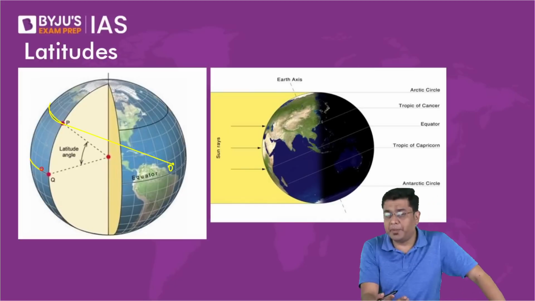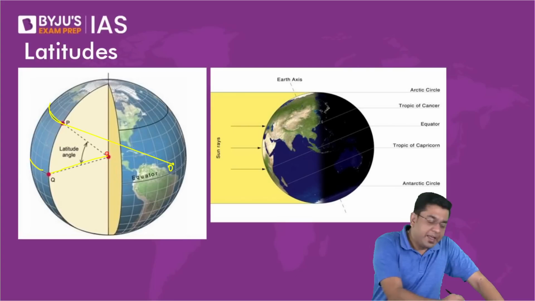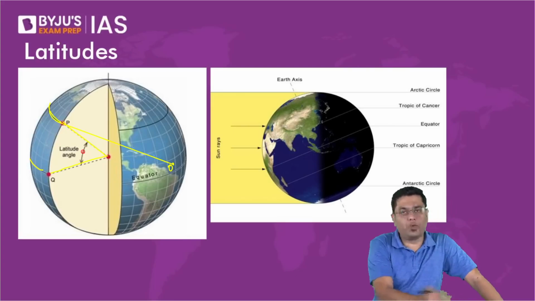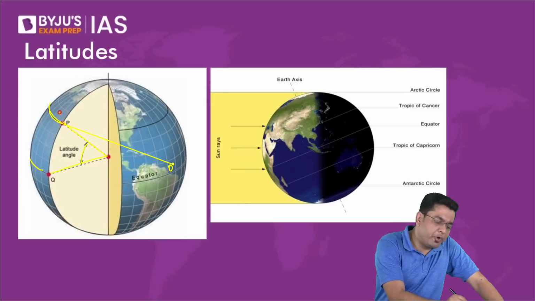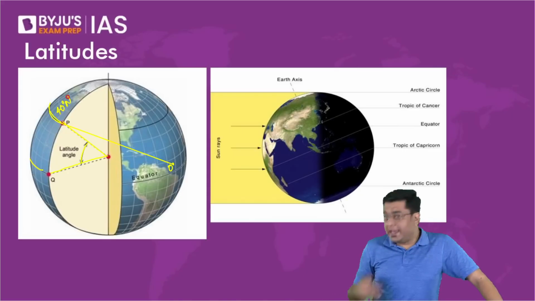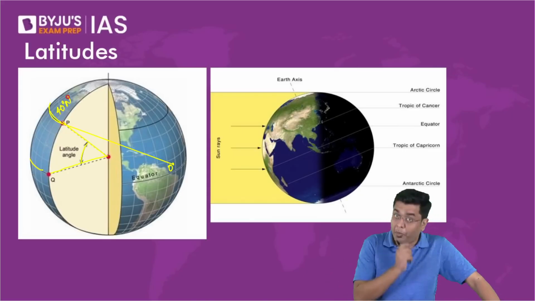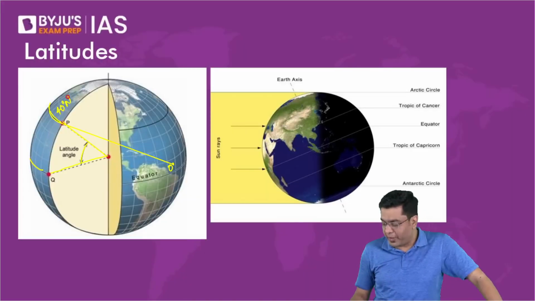It is not possible. So that is why you draw an imaginary line joining the center, and that is joined by another imaginary line. And this angle which is calculated, let's suppose this is 40 degree as we had discussed yesterday. Because it is to the north, it will be 40 degree north. So that is how you calculate the angle of the latitude. In case of longitude, the same methodology is followed. The difference is that there you consider the prime meridian as the reference point.